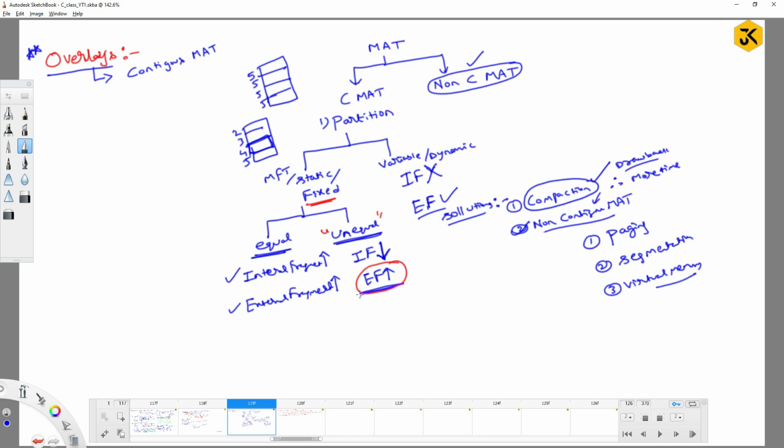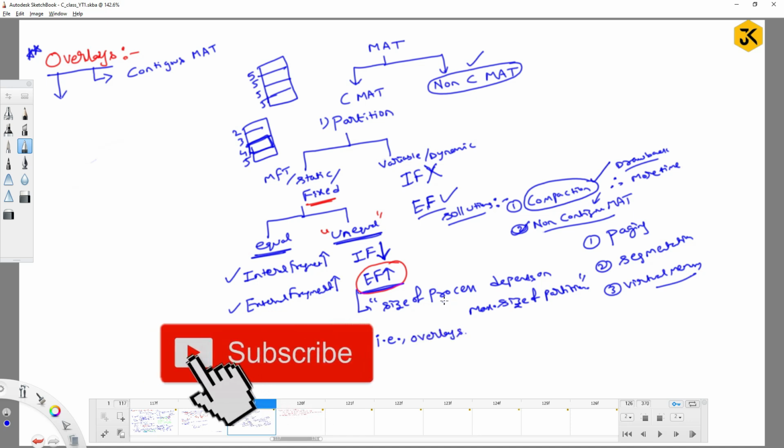One reason might be that the size of the process depends on the maximum size of the partition. Am I right? Yes. So if you understood it clearly, can we use this as a point and have a certain kind of solution? That is overlays.